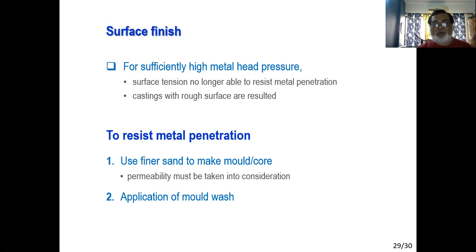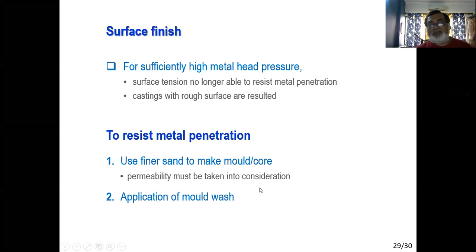We coat the inside of the mold cavity using this mold wash, so that when you dry the mold cavity, the inner surface has a fine coat comprising finer sand, and it will prevent the liquid metal from penetrating. So either use finer sand, or if that is not possible, use mold wash, so that liquid metal cannot penetrate and the surface finish will be better.